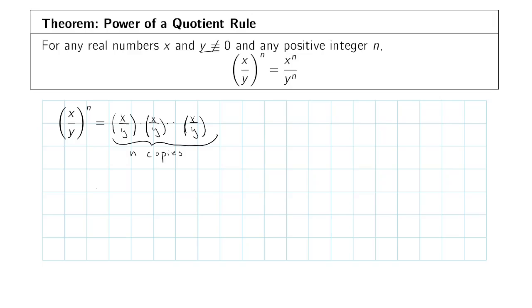But when we multiply fractions, we multiply the numerators and multiply the denominators. So in our numerator, we'll have x times more copies of x, enough that we have n copies there. And in our denominator, we'll have y times additional copies of y, enough that we have n copies there. And so that is just x to the n power over y to the n power.